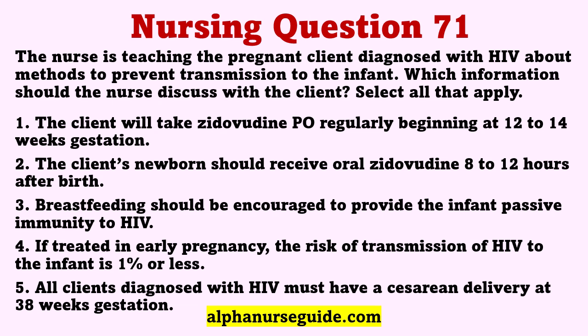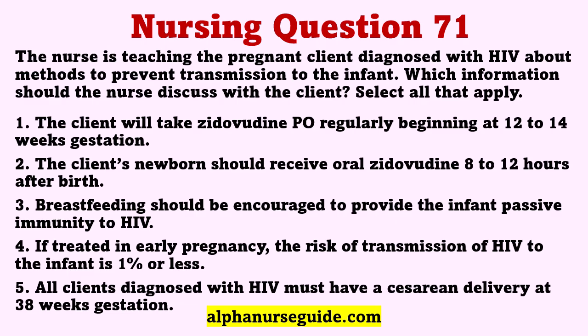The client's newborn should receive oral zidovudine 8 to 12 hours after birth. 3. Breastfeeding should be encouraged to provide the infant passive immunity to HIV. 4. If treated in early pregnancy, the risk of transmission of HIV to the infant is 1% or less. 5. All clients diagnosed with HIV must have a cesarean delivery at 38 weeks gestation.